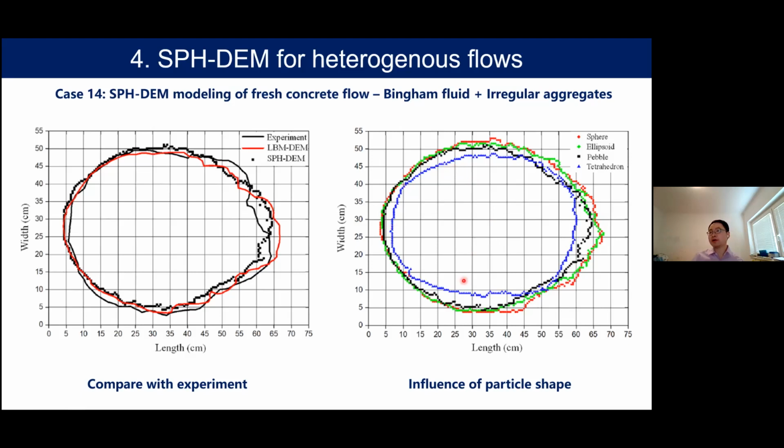And we also compare the spread area of different shapes. You can see, unsurprisingly, the tetrahedrons has the smallest spread area, and the spheres and the ellipsoids has the largest spread area. So that's the modeling of heterogeneous flows.